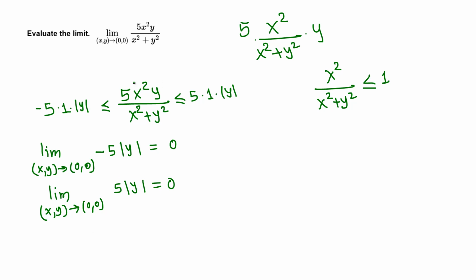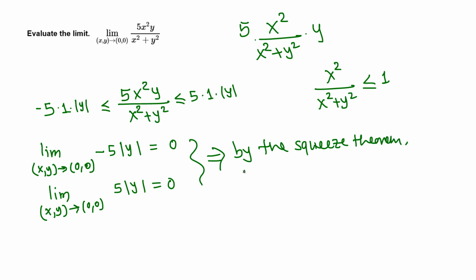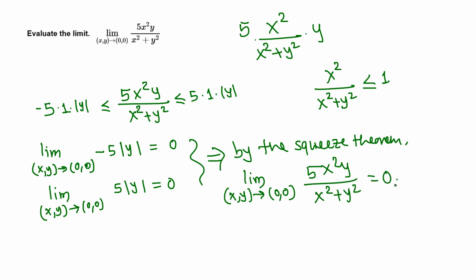That means the limit of this function, by the squeeze theorem, the limit as x, y goes to 0, 0 of 5x squared y over x squared plus y squared is also 0. Final answer.